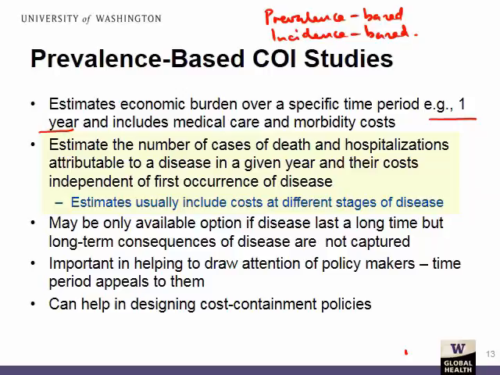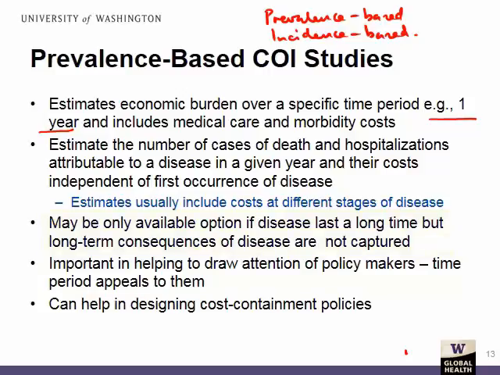By doing that, you include patients from across the disease spectrum. So the sample includes very sick patients and relatively well patients. So it includes patients from different stages of the disease. Usually it can be the only option if the disease lasts a long time and you don't have a way to capture the long-term consequences of the disease.